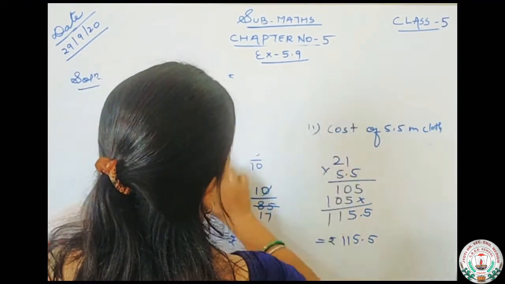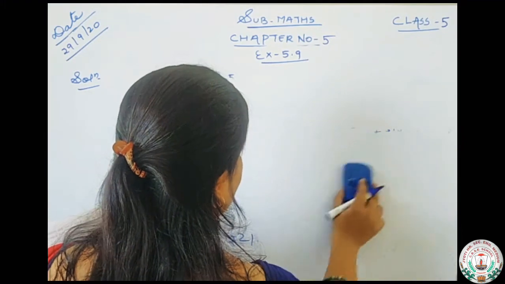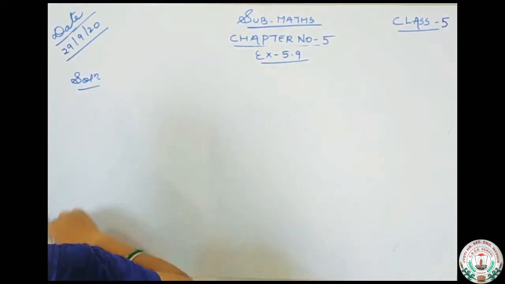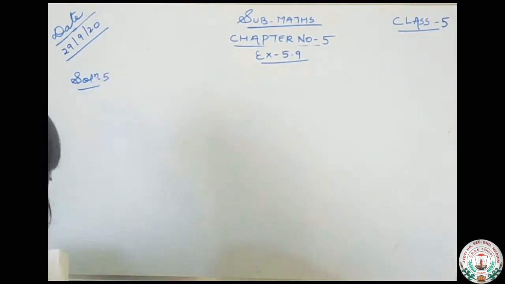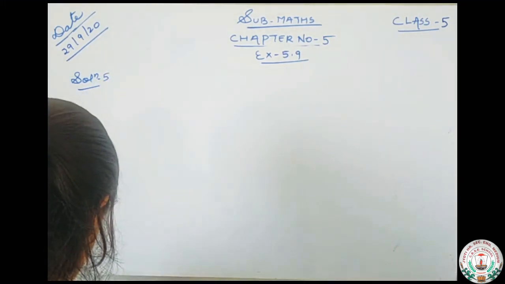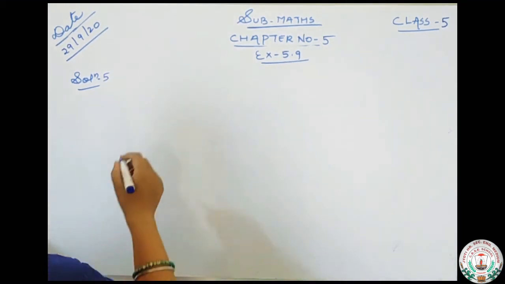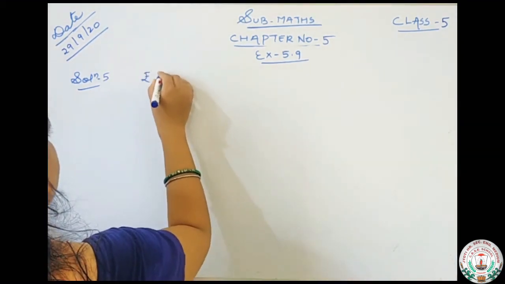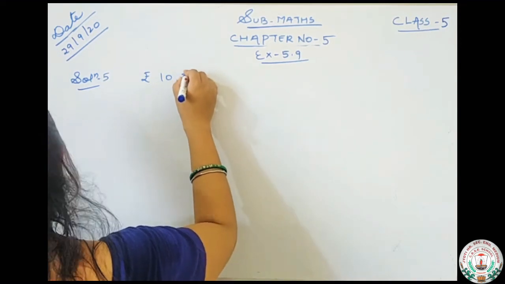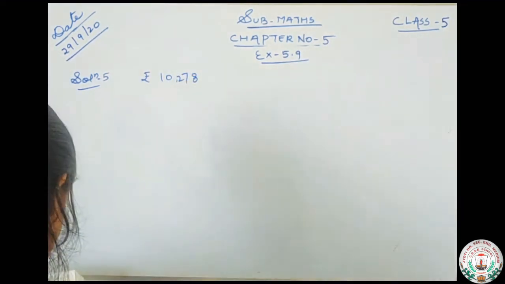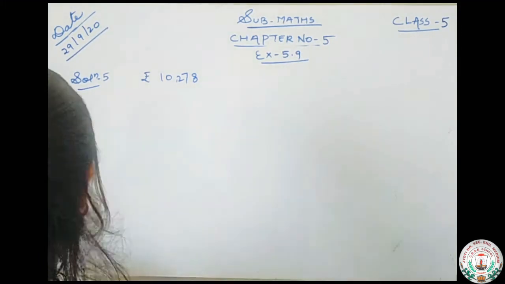What is question number 5? Number 5 is: a man earns rupees 10,278 in a year. If he earns the same amount every month, what is his monthly income?